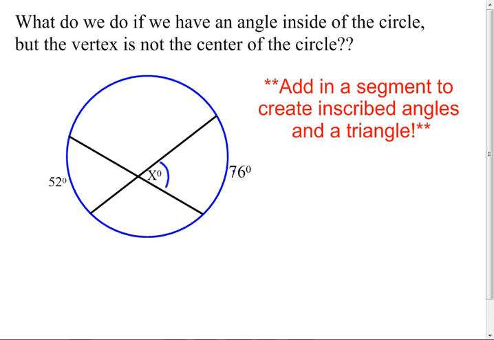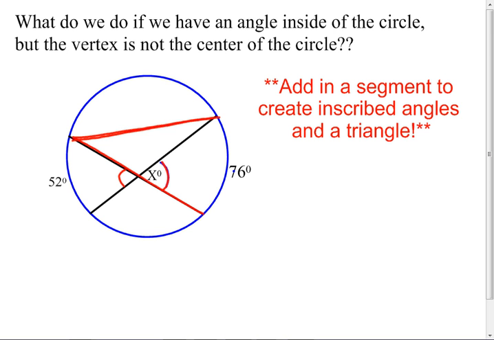Okay, you guys, we're going to draw a line in here, and we are going to draw this line. How big is this angle? No, it's not at the center.